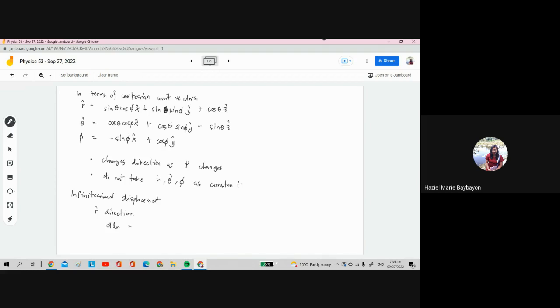So this is infinitesimal displacement in the radial direction. It is just equal to dr. Okay? And then for the theta direction, the polar angle theta, you have dl theta, which is equal to r d theta.